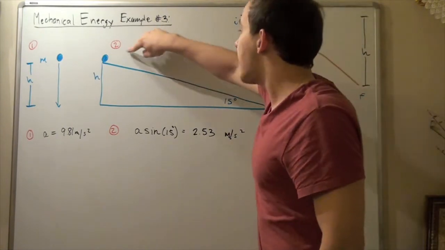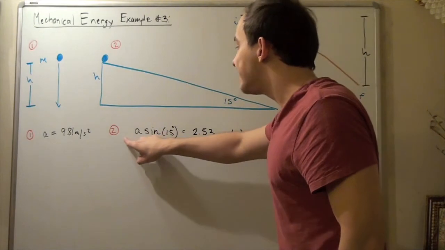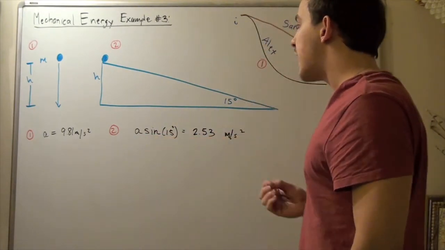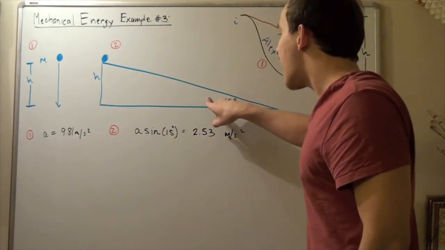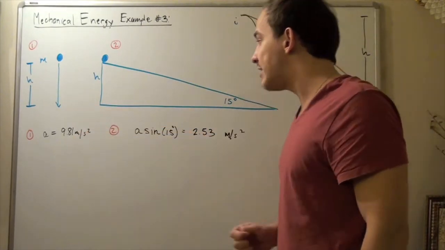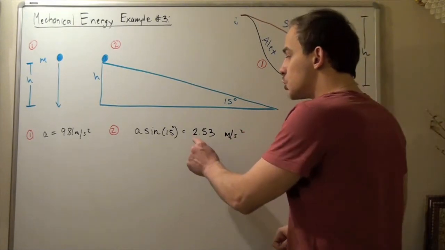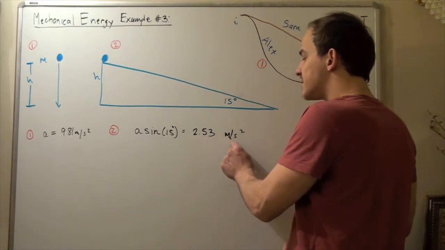Let's look at our example number 2, our condition 2. Now, to find the acceleration of our object, we have to multiply by sine of 15. And we get our acceleration, 9.81 times sine of 15 degrees, and that gives us 2.53 meters per second squared.